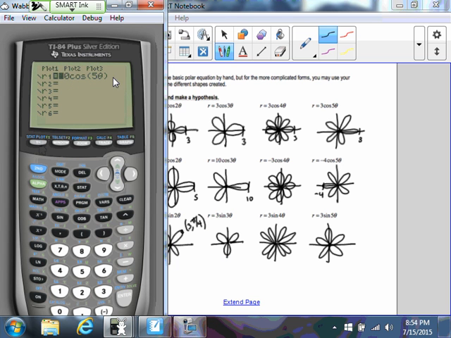So if you're noticing, whenever you have an even number, like if I put a 2 there and I hit graph, I'm going to have 4 petals. But if I put an odd number, like 3, and I hit graph, I have the same number.